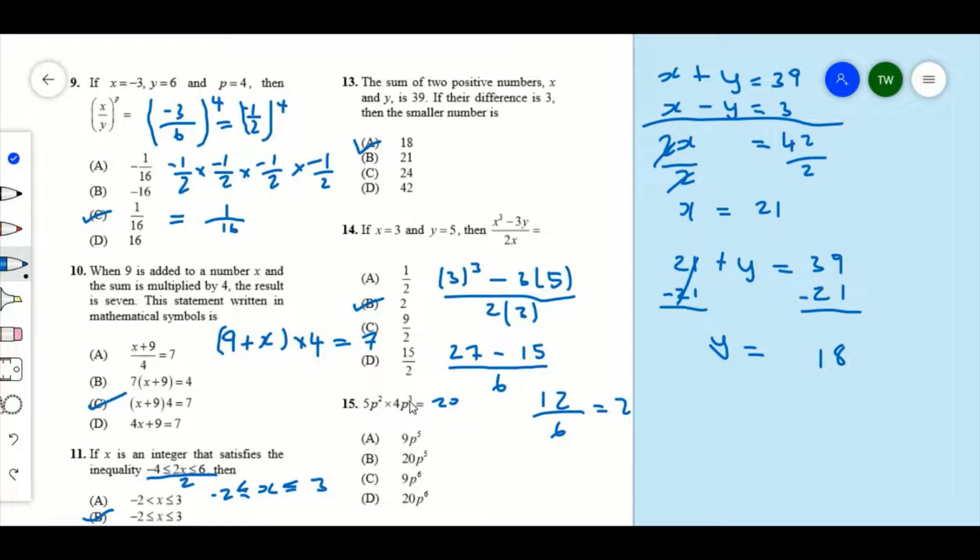So it's going to be 3 plus 2, that's going to give us 5. So we're going to write back the base, which is p, and raise it to the 5th power. So therefore, 5p squared times 4p cubed is going to equal 20p to the 5th power. So our answer here is going to be B.